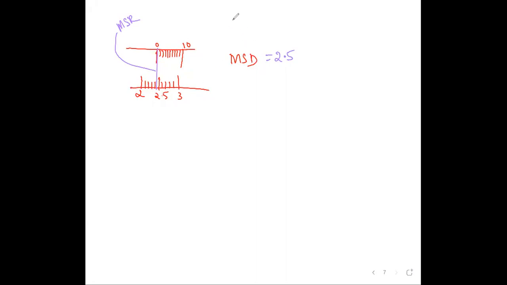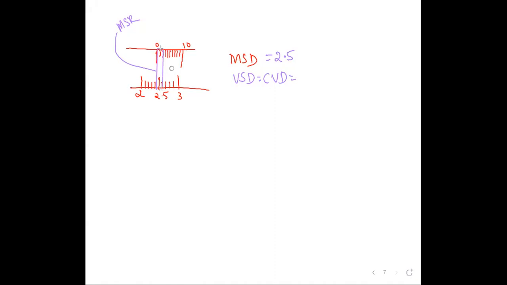And CVD we have to calculate. VSD or CVD, both are same. Let me take one more straight line. I draw a straight line here. This line is matching with the main scale reading.